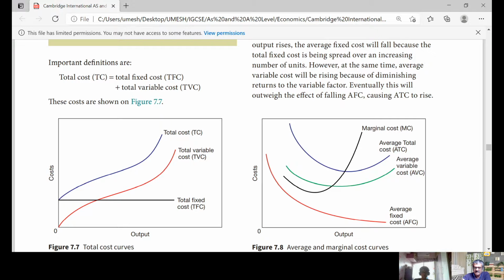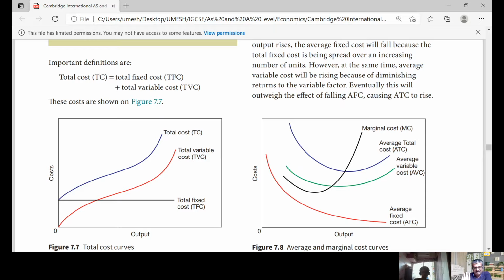The difference between the total cost and total variable cost. Difference. I heard addition. What is it? Total fixed cost. Exactly right. And fixed cost is constant, and that's why the distance between the total cost and total variable cost is always constant because it is fixed cost.